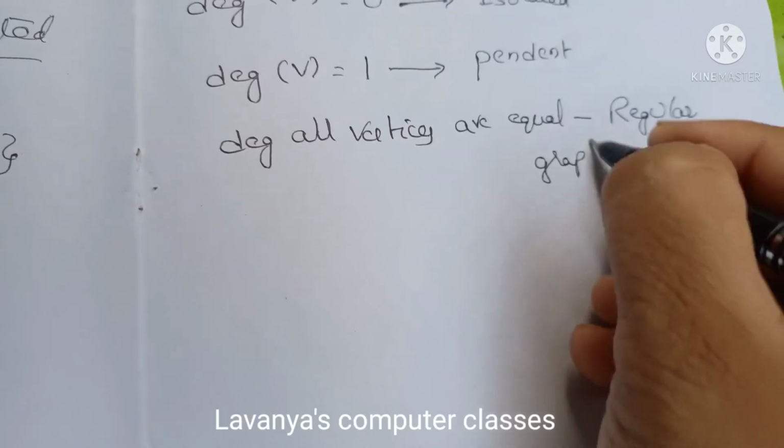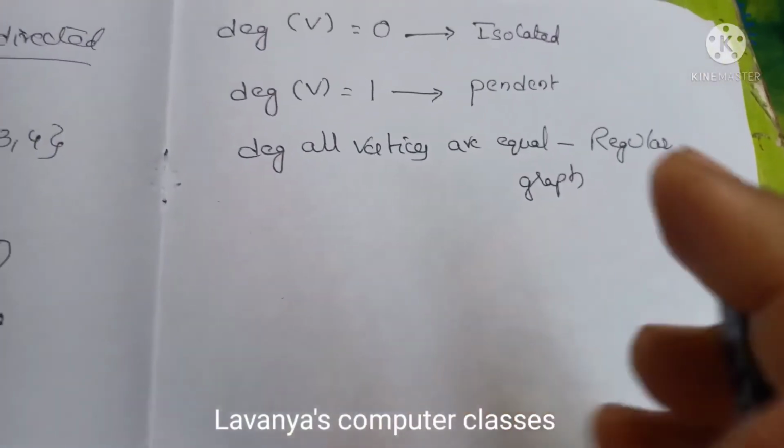Like this we can calculate degrees of an undirected graph.